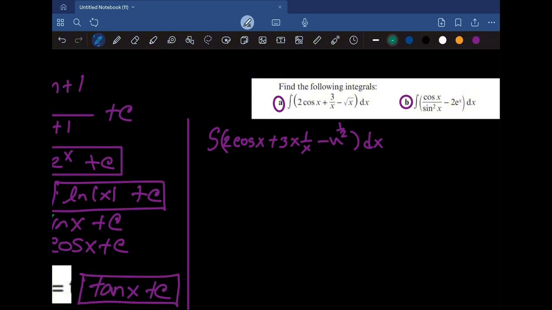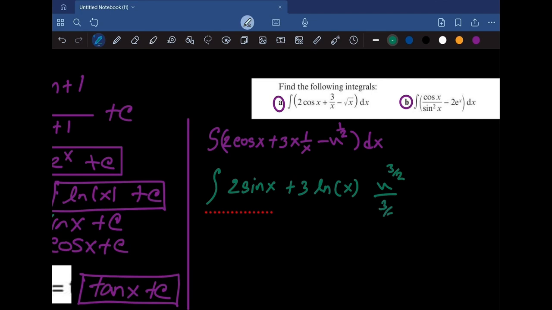So now let's do this. 2 cos x can be integrated as 2 sin x, right? So it will become 2 sin x plus 3 ln x, because 1 by x is ln x. Then for this half we will have to add 1 to the half, so it becomes x to the power of 3 by 2, and then we will divide this by 3 by 2.